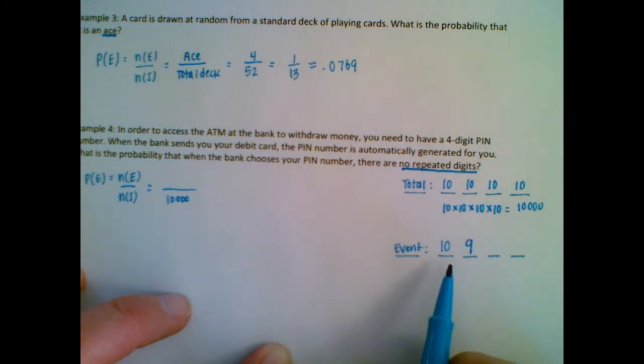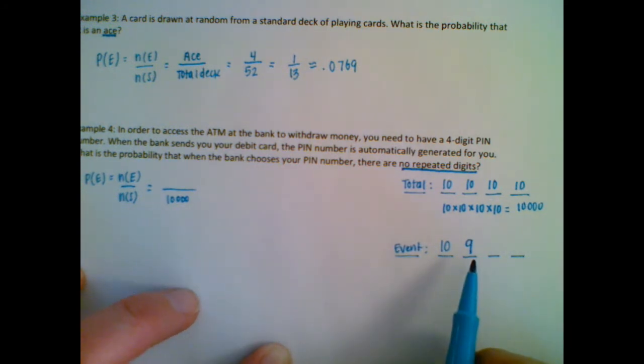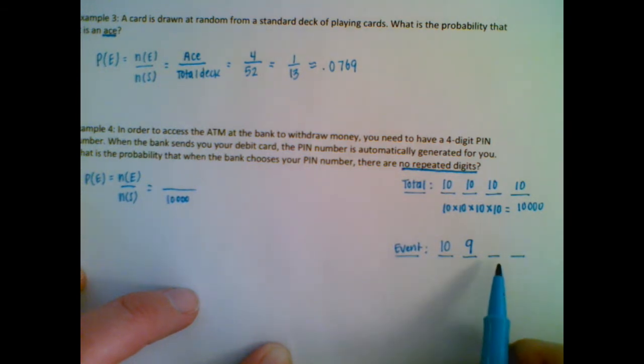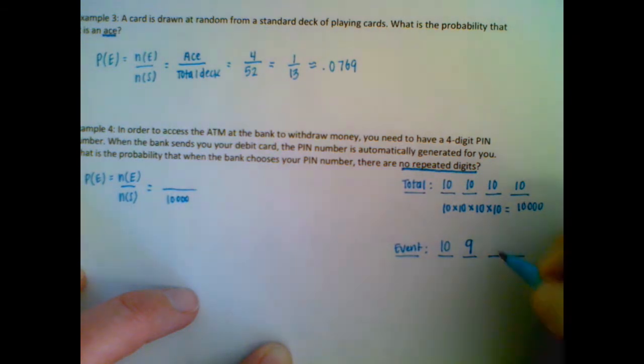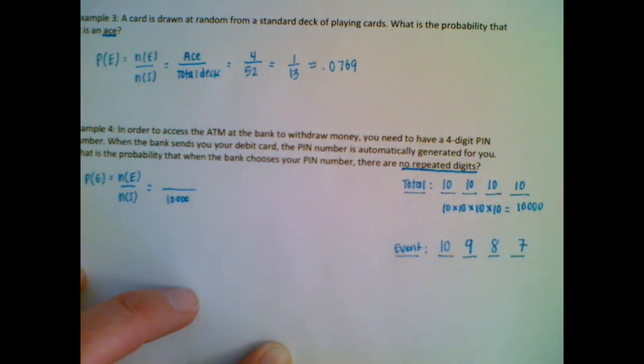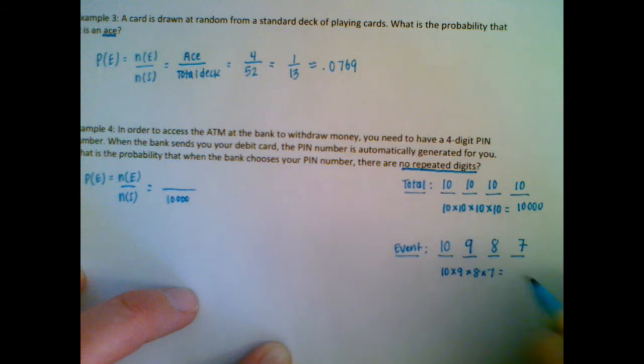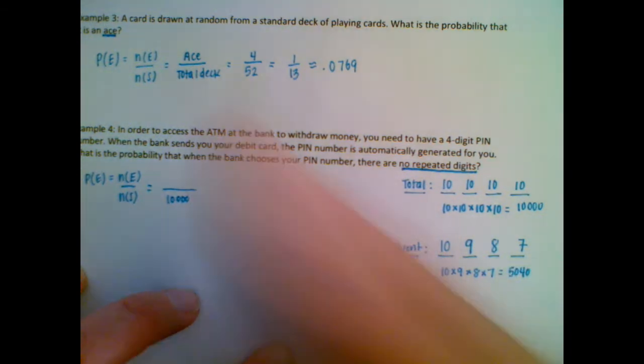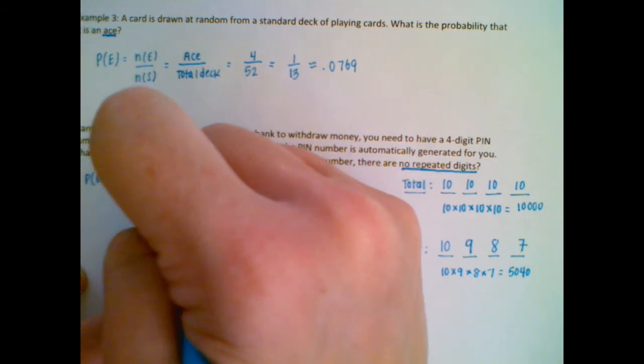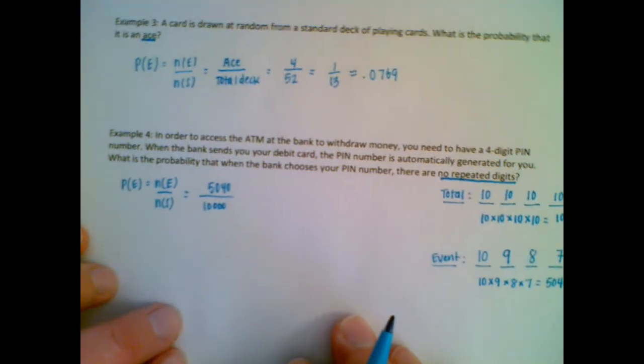Taking out whatever the number was that went here gives me 9 numbers to choose from here. And then I can't repeat again, so I have to subtract the 2 that I've already filled in over here. So that's going to be 8. And then I'm going to do the same thing over here. So for my event, this is going to end up being 10 times 9 times 8 times 7, which is 5,040. And that is going to be my N of E in my numerator.